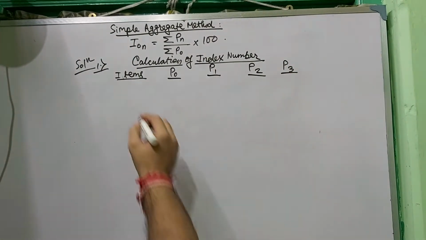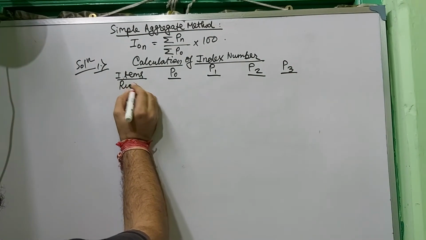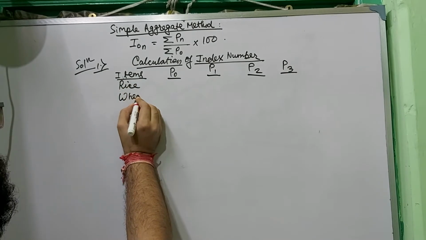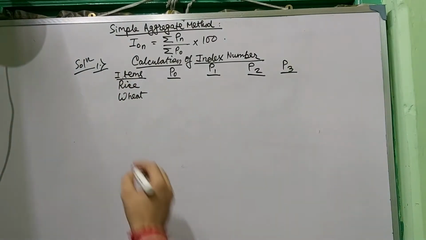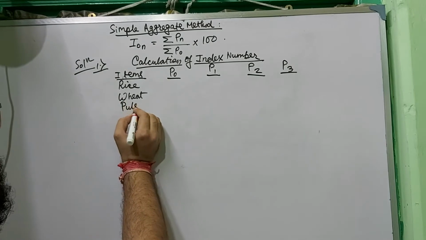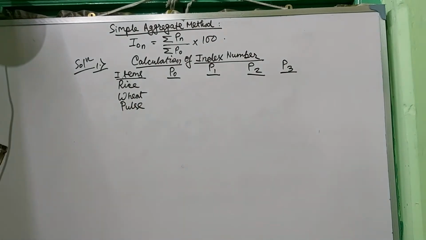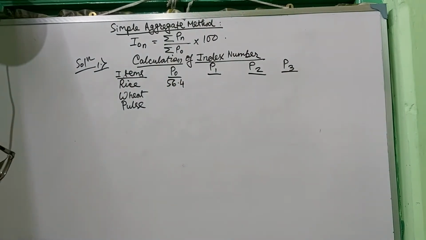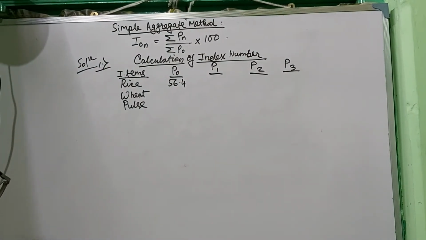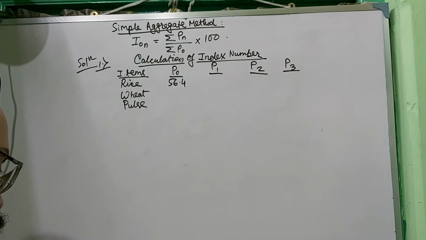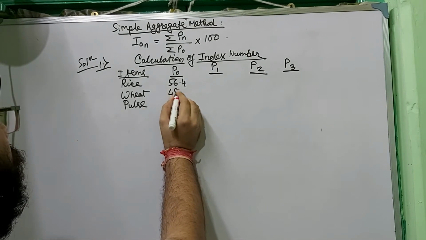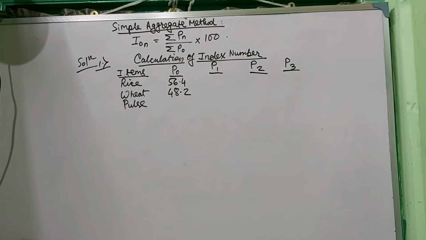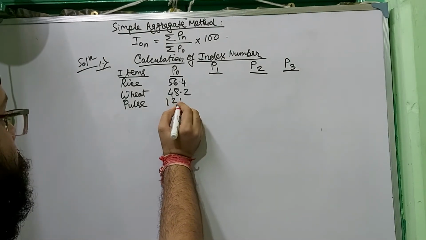Items are rice, wheat, pulse. The base year price, the 80's price, is 56.4, next 48.2, next 121.3.